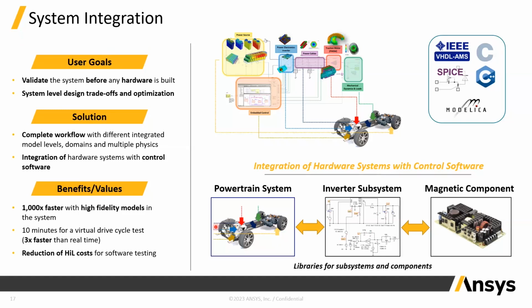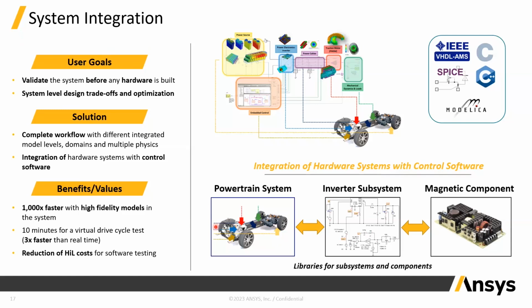System level design trade-offs and optimization: it's much easier and more reliable to optimize the entire system at the level of circuit system simulation, rather than to have the 3D physics-based models coupled together for an optimization strategy. As a solution provided by ANSYS, generate a complete workflow with different integrated model levels coming from different physics-based solutions.